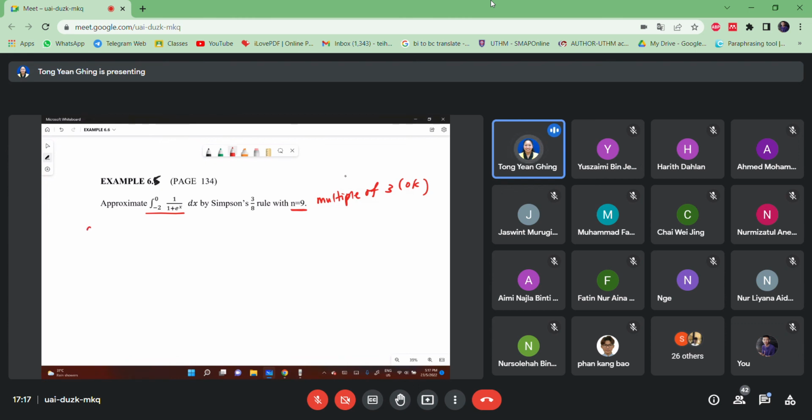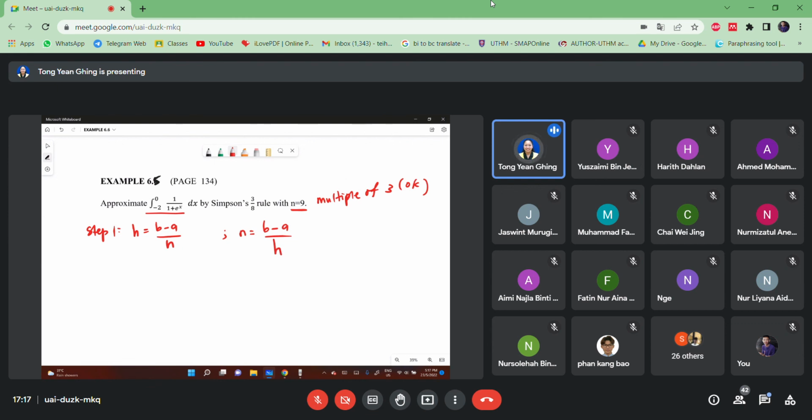Okay, now step 1. What do we find? We find the step size. So, b minus a divided by n. If h is given and n is not given, you can find n by using this formula.